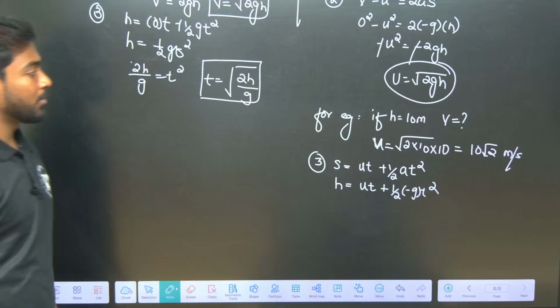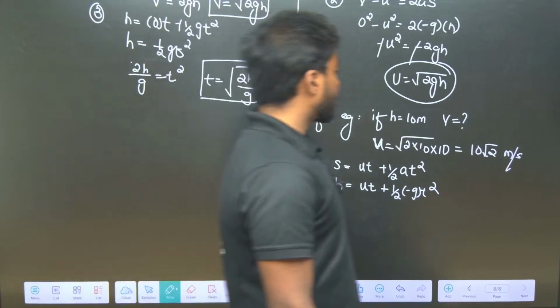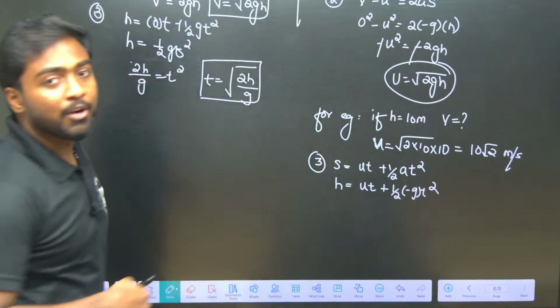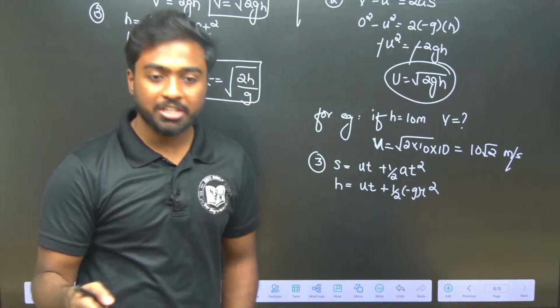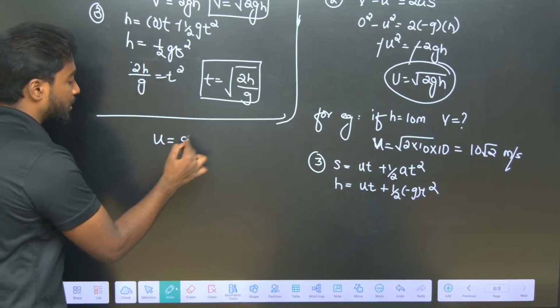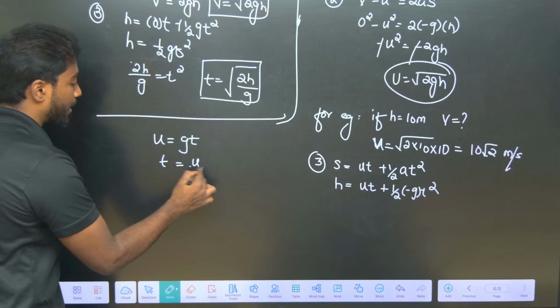In terms of time, we can see in the first equation itself, u will be equal to gt, where t will be equal to u by g. This is for going up.